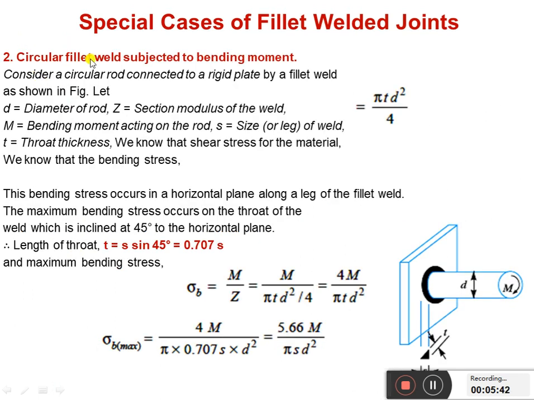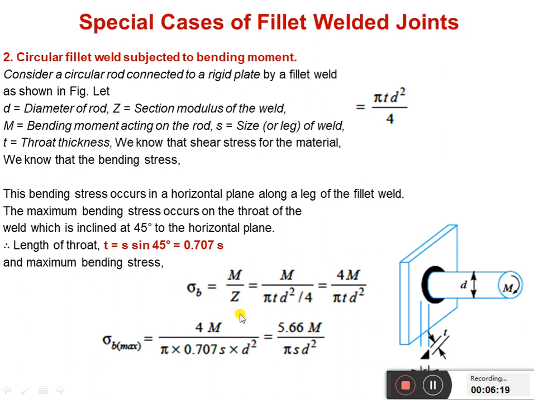And circular fillet weld subjected to bending moment. Here d is diameter of the rod, Z is sectional modulus of the weld, and M is bending moment acting on the rod, S is size of the weld, t is throat thickness, and here the throat thickness of the weld is 0.707 into S. The bending stress sigma b is equal to M by Z, from the bending equation.